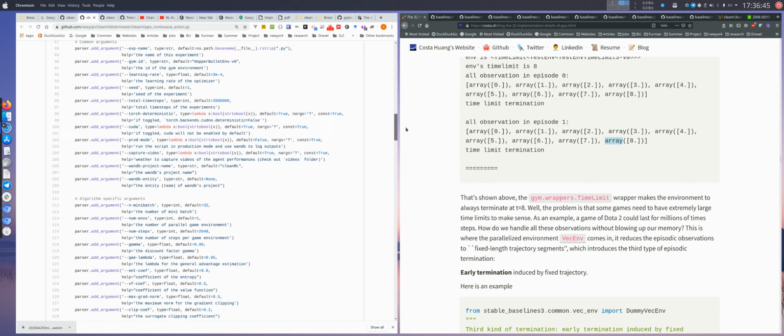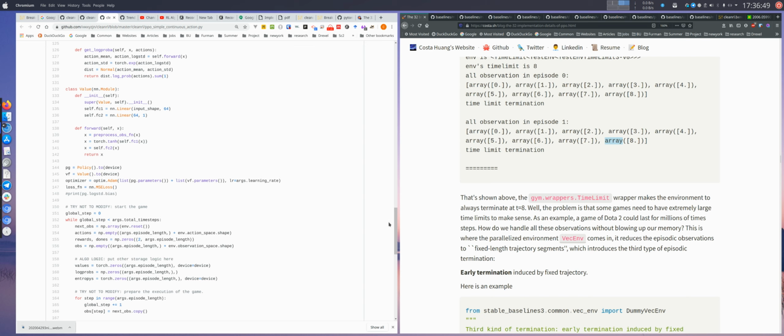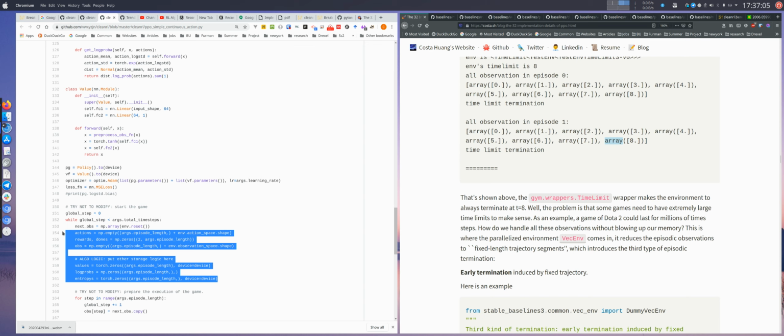continuous action is doing, it's creating a NumPy array of the episode length. The default episode length of Atari is actually 400,000, and can you imagine creating multiple 400,000 length arrays?